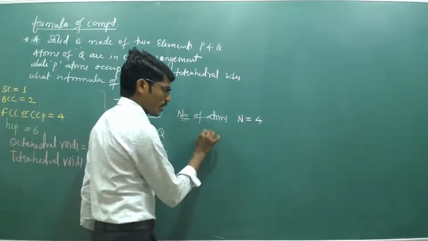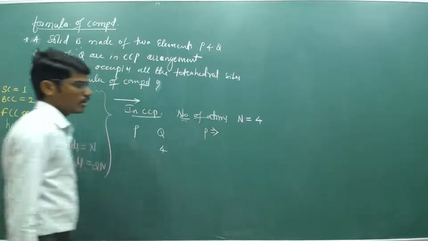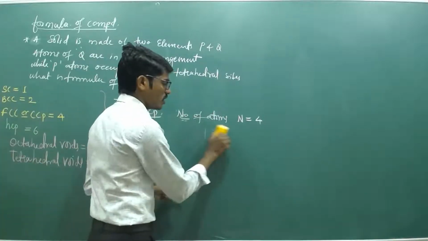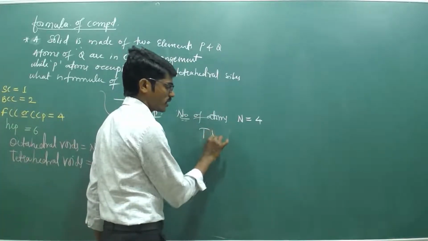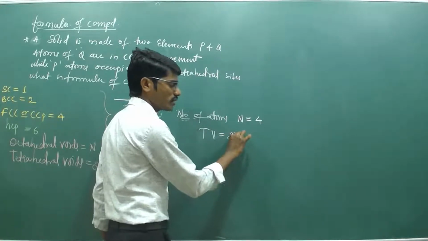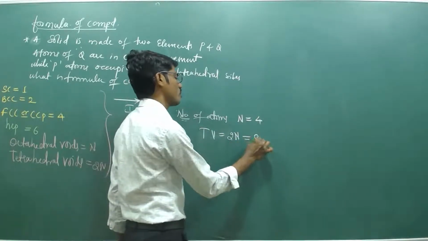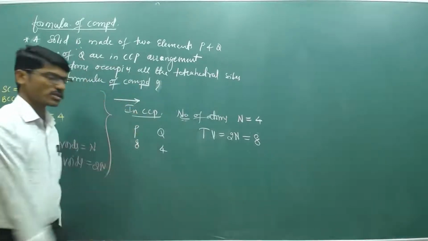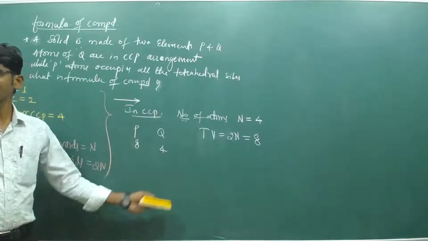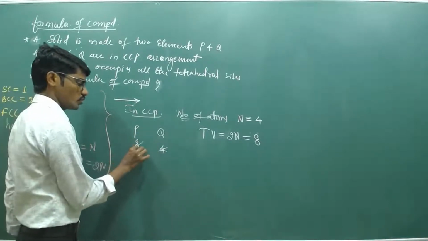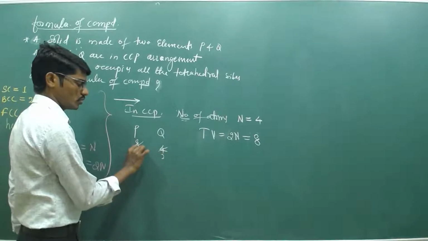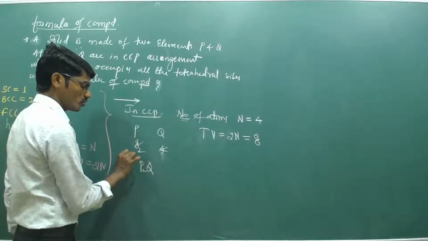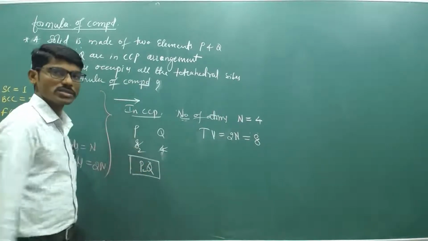But how many P are present? P occupies all the tetrahedral voids. How many tetrahedral voids are there? Tetrahedral voids equal 2n, n is equal to 4, so the tetrahedral voids are 8. Therefore, P is 8. So P to Q is 8 to 4, which is 2 to 1. Therefore, the formula of the compound is P2Q.